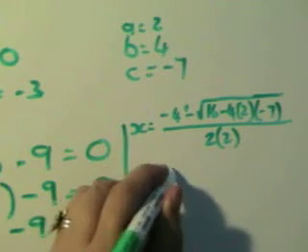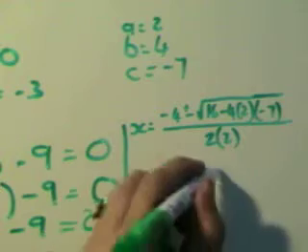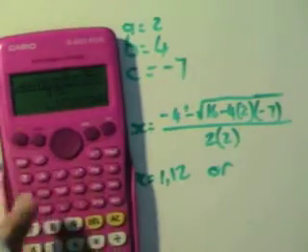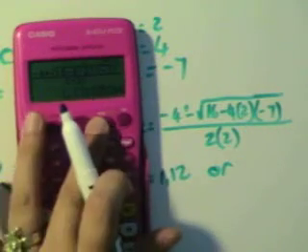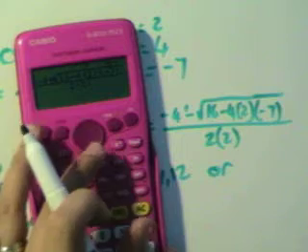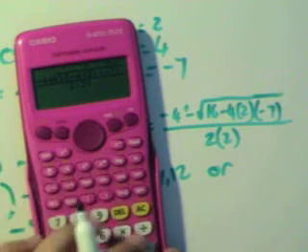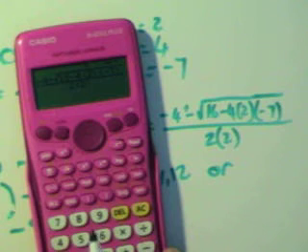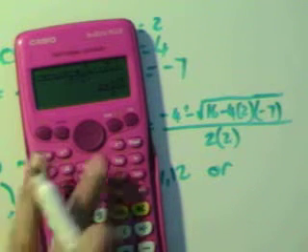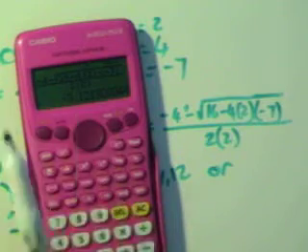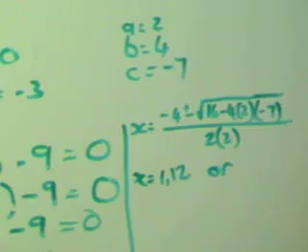So I have 1.12, or, and now I don't need to rewrite the whole thing in my calculator. I can just use my arrow keys, go to just after the plus, delete that plus and put in a minus there, and then I get that, which I also don't want to write. It gives me minus 3.12.